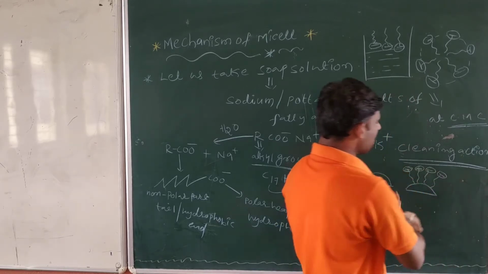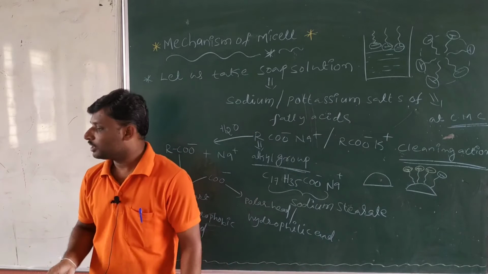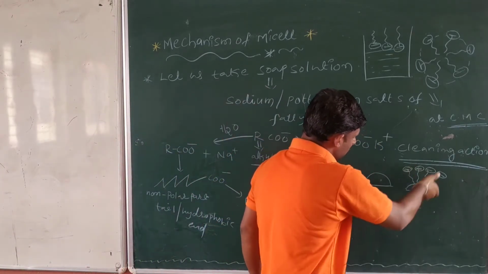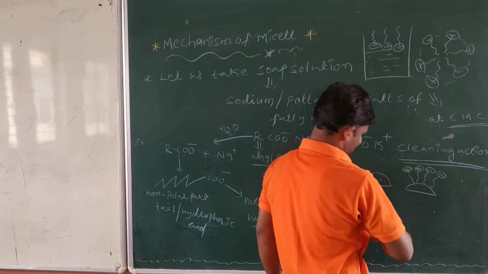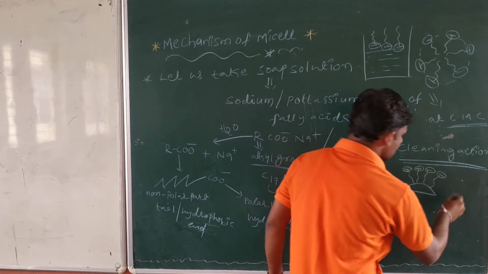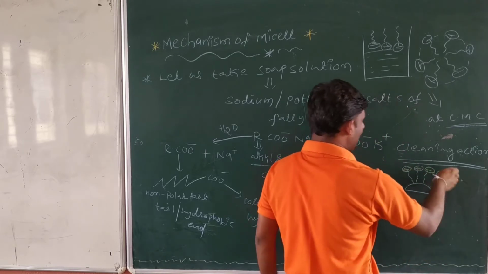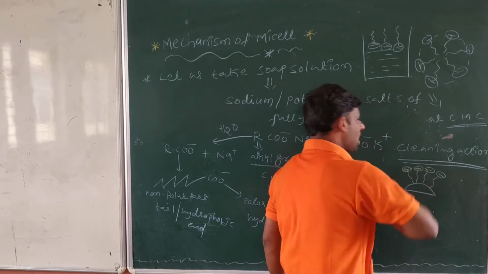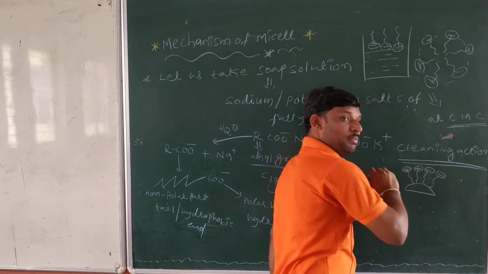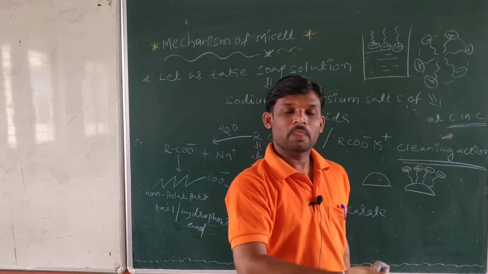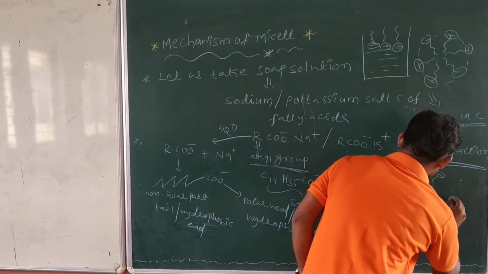Then the sphere is formed around the oil droplets, and the hydrophilic ends contact the water and pull out the oil or grease present on the cloth. See here, in this case, what happens?